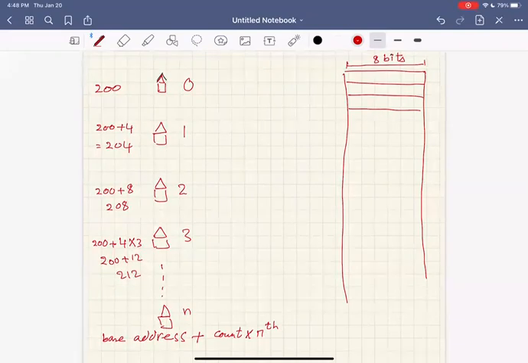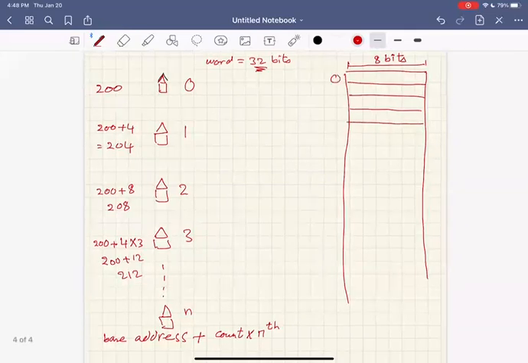If it is 8 bits, this means I will need 4 different rows to save a word, because the word is equal to 32 bits. 32 divided by 8 is 4. So 1, 2, 3, and then the 4th. The beginning base address is 0.